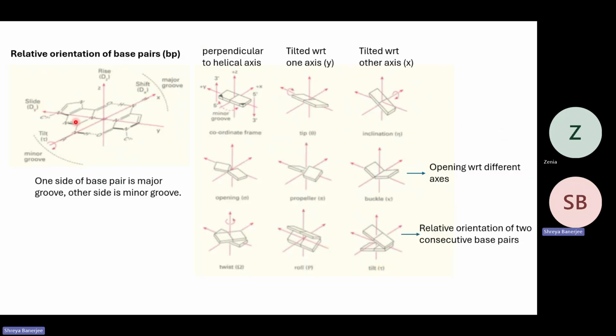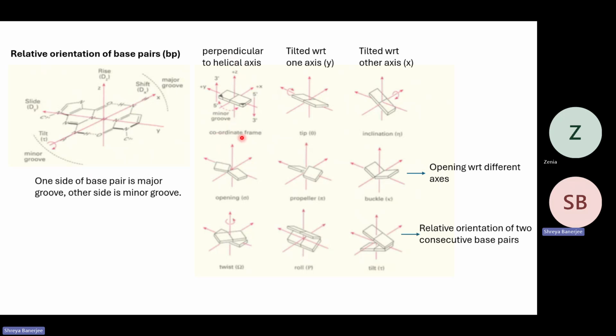Now the base pairs themselves can be oriented in different ways. We have already seen that in the base pair, one side has the minor or smaller groove, and the other side has a much larger or major groove. The most common kind of base pair orientation is where the base pair is perpendicular to the helical axis.